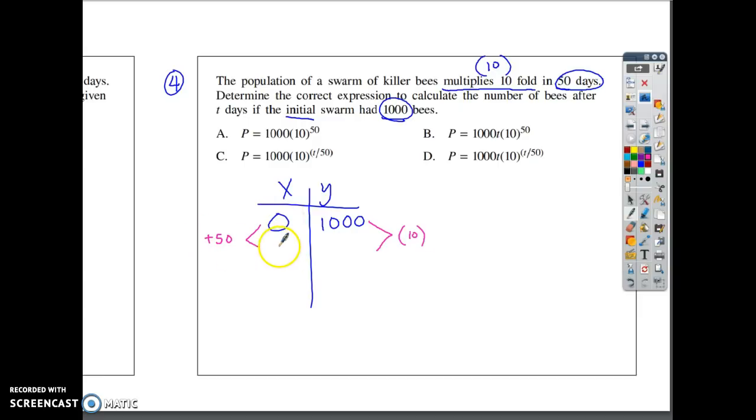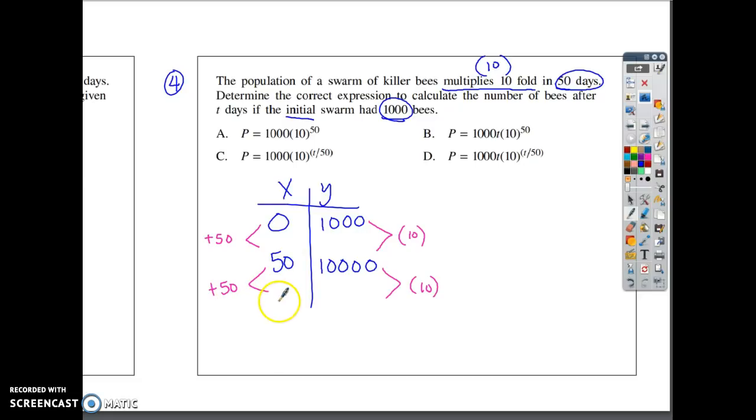So if I add 50 here, now I have 50 days later. And if I multiply 1,000 by 10, you just add a 0. It's 10,000. Okay? And you continue. You add another 50, and you multiply this one by 10 now.